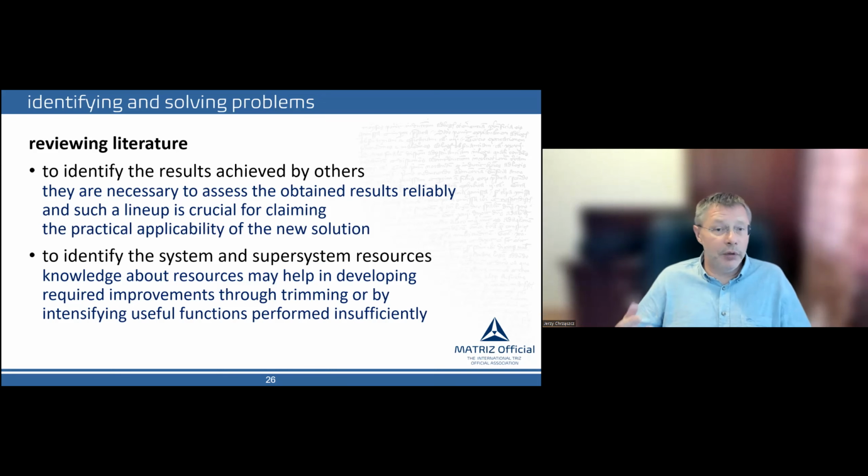Without this reference frame, we cannot really claim that our solution is better than something else. Literature may also help recognize resources that can be used to develop better solutions. And I think this TRIZ-wise justification seems directly applicable to a situation of a student developing his or her diploma project.